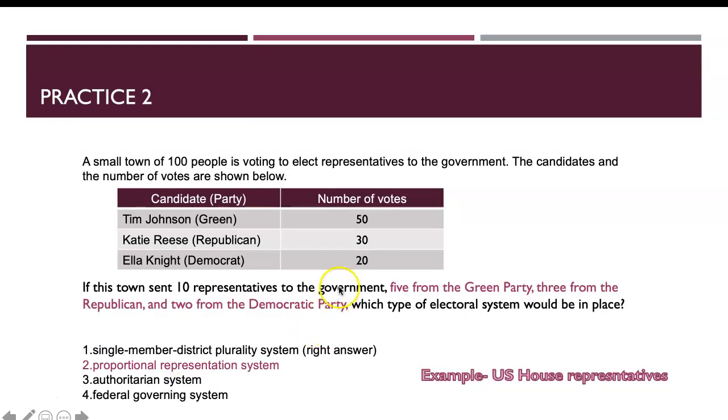If, with the same voting results, the town sends 10 representatives to the government, of whom 5 are from the Green Party, 3 from the Republican Party and 2 from the Democratic Party, then this voting system is a proportional representation system. Okay.